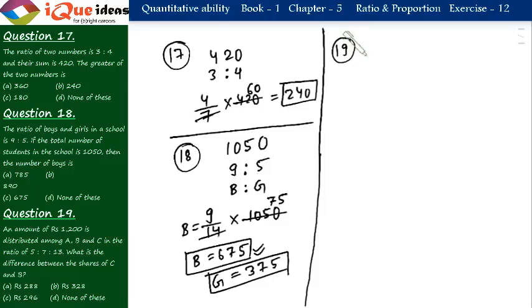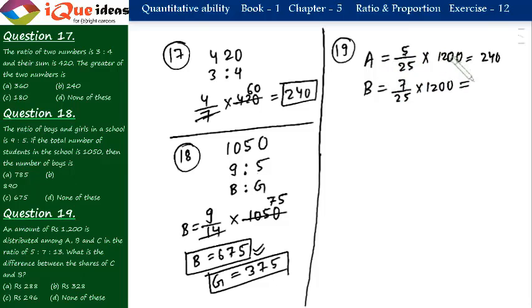Or I'll write. Let's say A's share would be 5 divided by 5 plus 7 plus 13, that is 25, into 1200. So this will come out to be 48 into 5, so it is 240. Okay, the share of B will be 7 upon 25 into 1200.